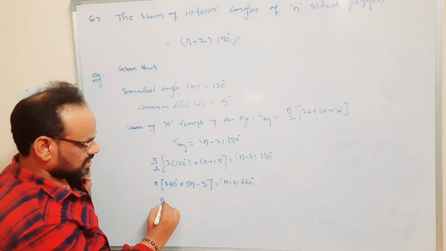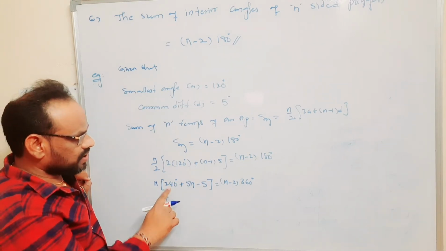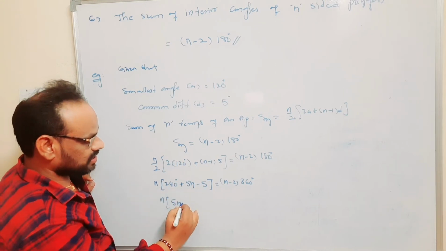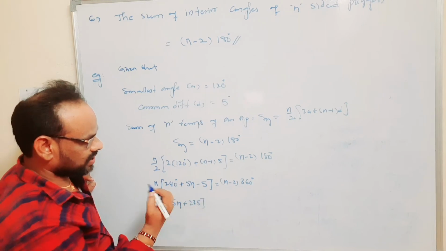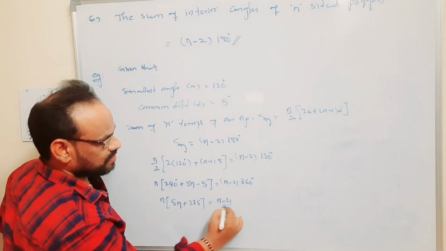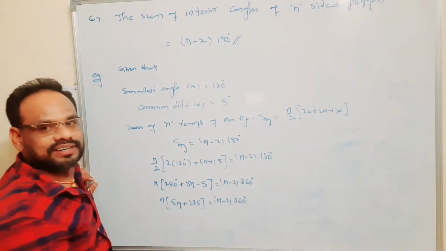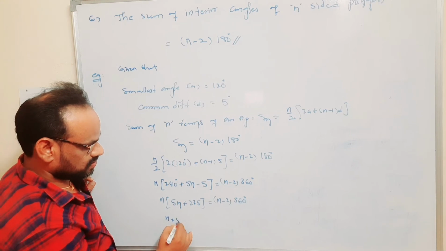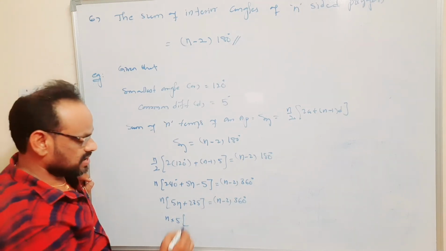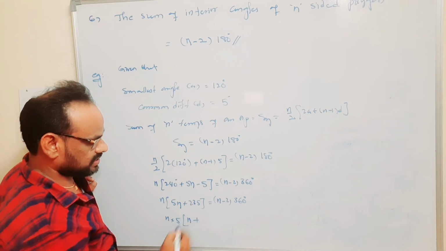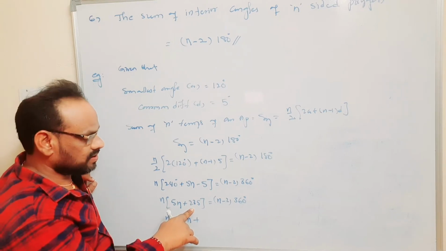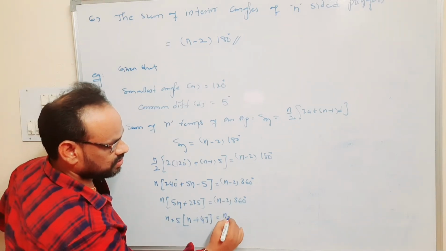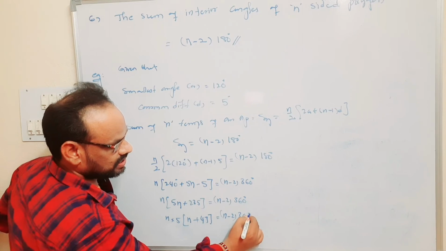So n into 240 minus 5, that is 235, is equal to n minus 2 into 360 degrees. Take 5 as common: 5 times 47, so n into n plus 47 is equal to n minus 2 into 360 degrees.